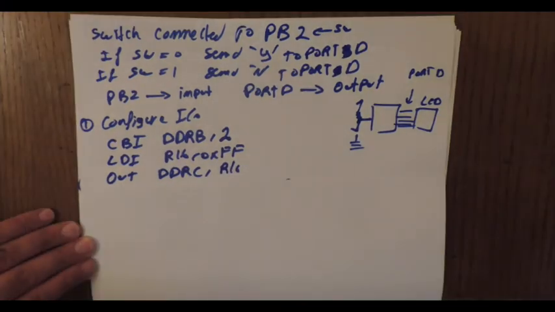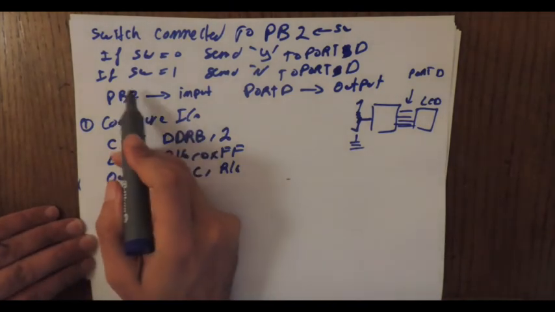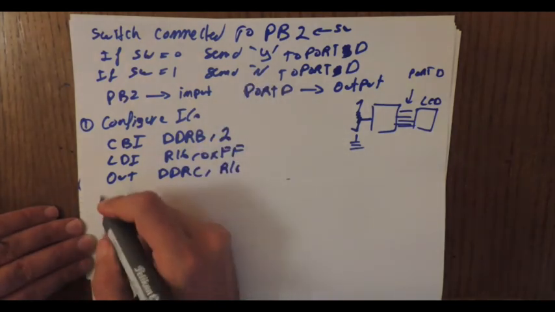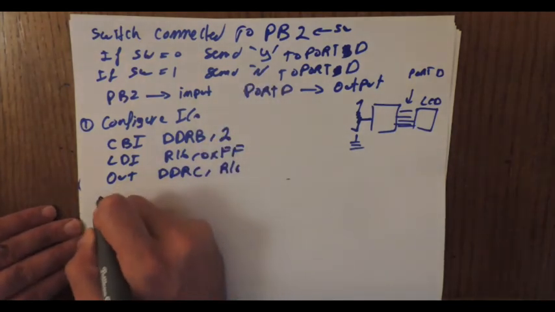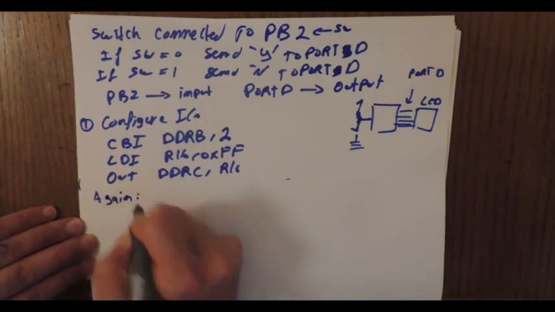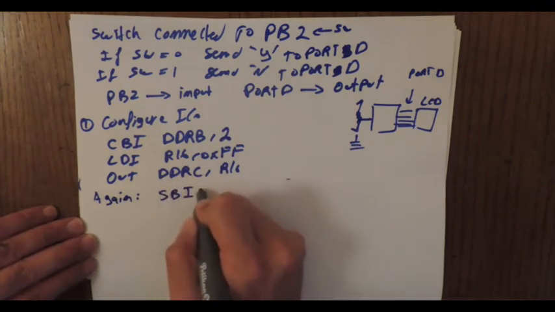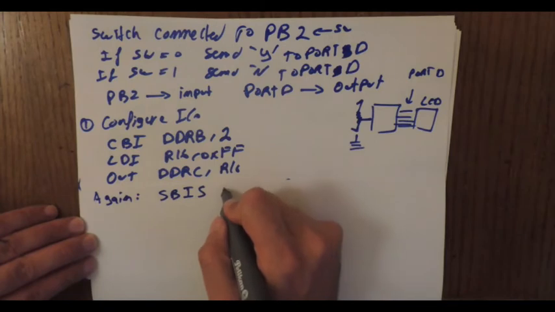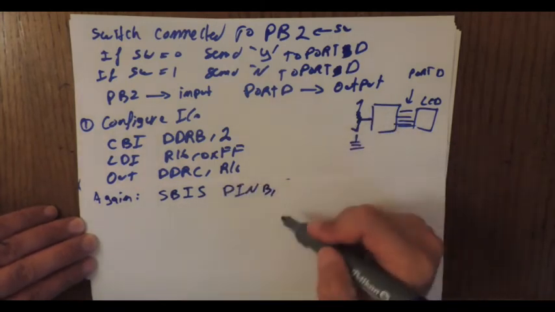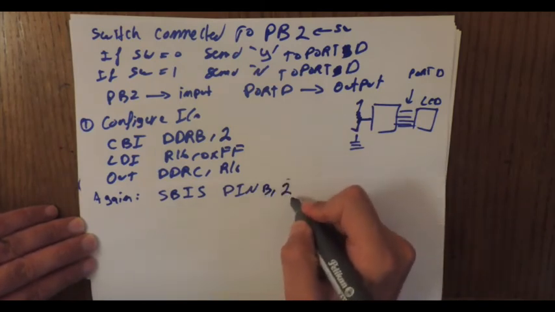After configuring the IOs, I need to start my loop by testing. If it's equal to 1, then I'm gonna place N on port D. So what I want to do is test if it is set for my switch, which is at pin B. Remember, pin B is input, so this is why we're using the pin mode, not the port mode.